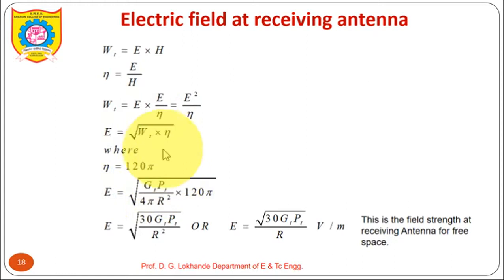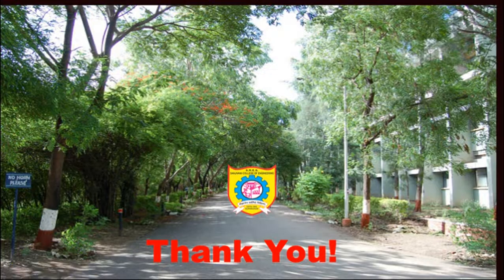We put in the value of Wt, Pt Gt upon 4 pi r square, into 120 pi, and that's why the final equation is modified like that. E is equal to the square root of 30 Gt Pt upon r. So this is the field strength at the receiving antenna at a distance r for free space conditions. Thank you very much.